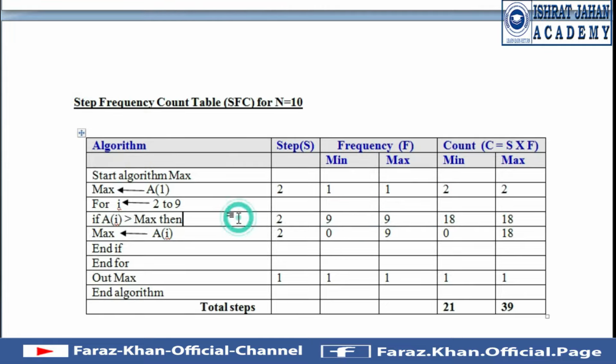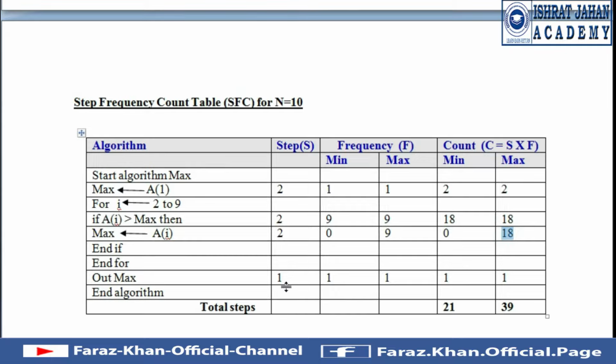Comparison is done in the previous step. Comparison is not done in this step. In this step, I am just assigning the greatest value to the variable called max, right? So here 2 multiplied by 9, 2 multiplied by 0, sorry, is 0, and 2 multiplied by 9 is 18.